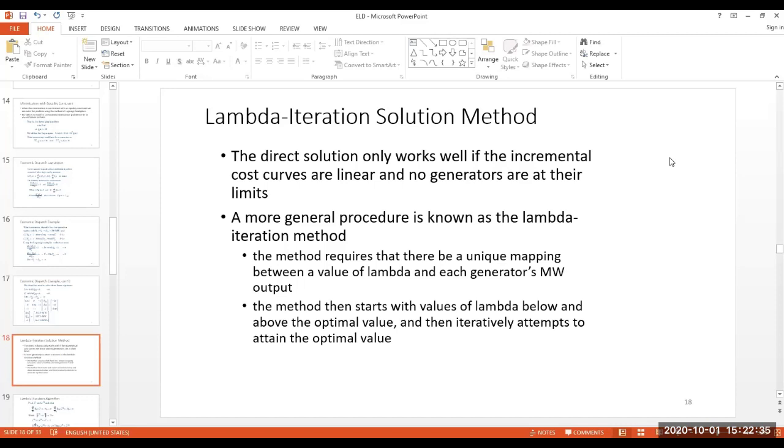Within one or two steps of the algorithm, the algorithm doesn't contain a very large number of steps, we can simply solve our problem. But because it requires iteration, the name is lambda iteration. It is an iterative technique of solving the economic dispatch problem.